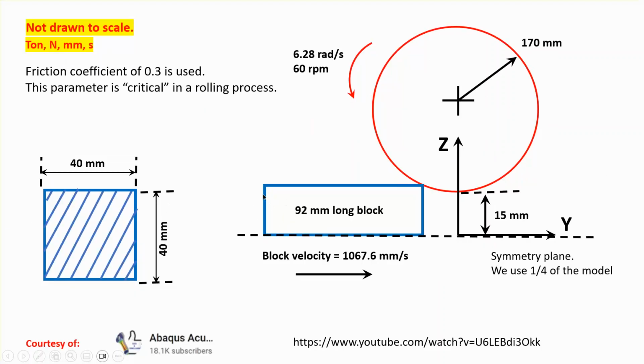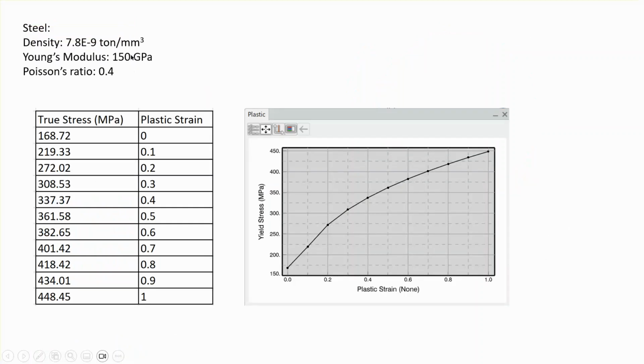Okay, so the cross section before it's being reduced is 40 millimeter by 40 millimeter, and total length is 92 millimeter. The material is assumed to be elastic plastic with this true stress plastic strain data, and we're using the properties of steel.